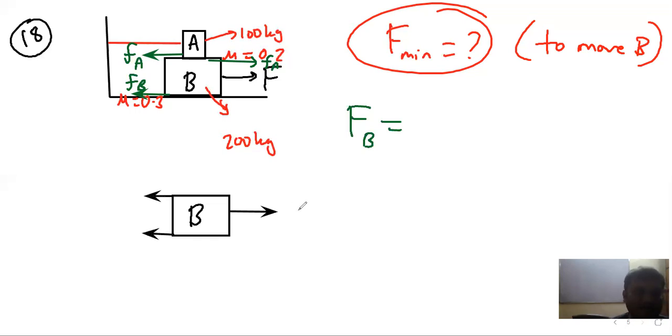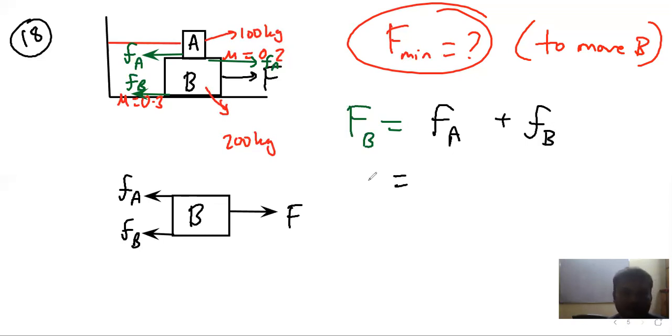So the forces are capital F, small fA, small fB. Now, we have total force F on B, that is equal to friction of AB, which is FA, plus friction of B ground, which is FB. Now the value of total force F on B will be mu A into MA into G plus mu B into (MA plus MB) into G. So this is the equation.